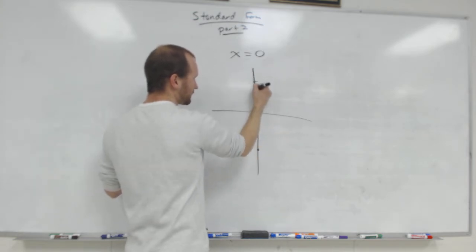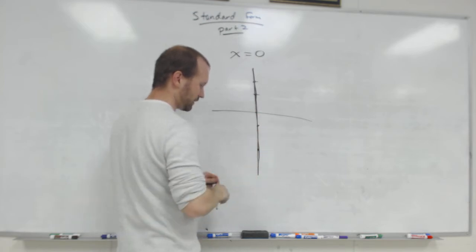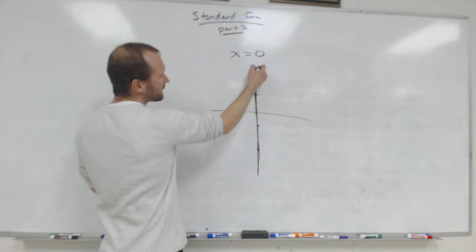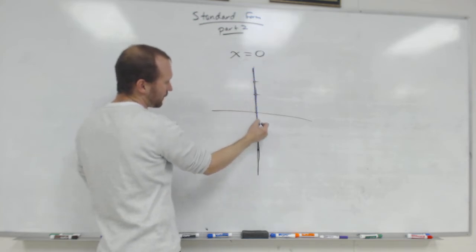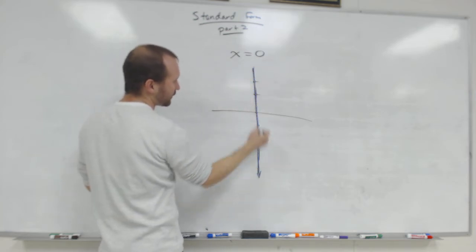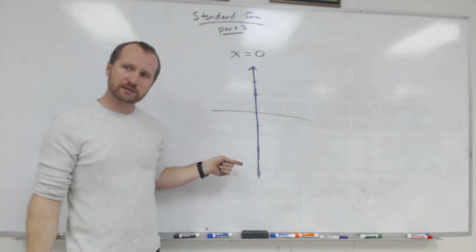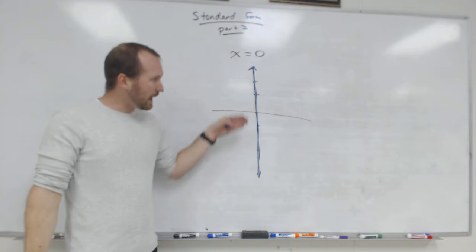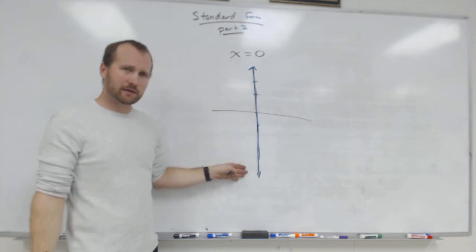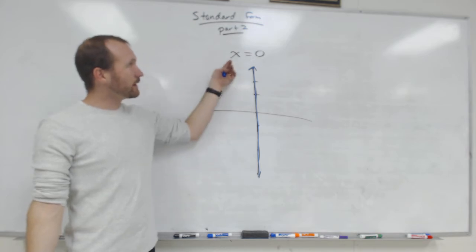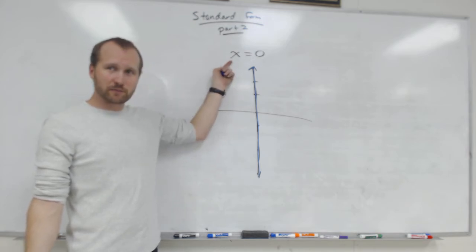In other words, x equals 0 is the equation of the y-axis. The y-axis is a straight up and down line, and it is the line x equals 0.